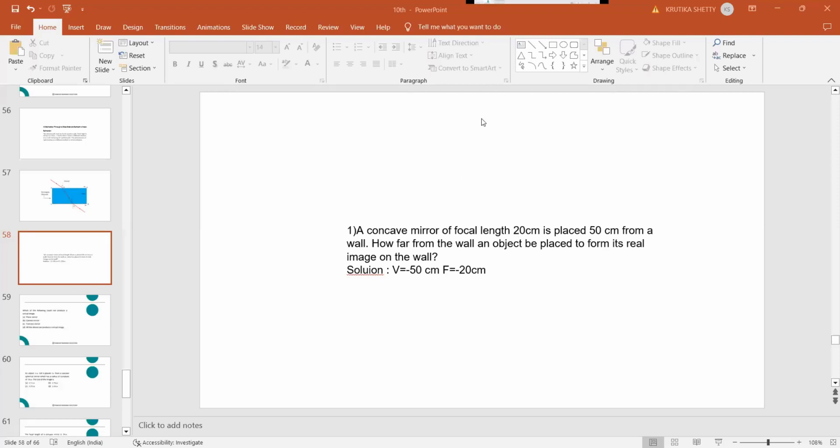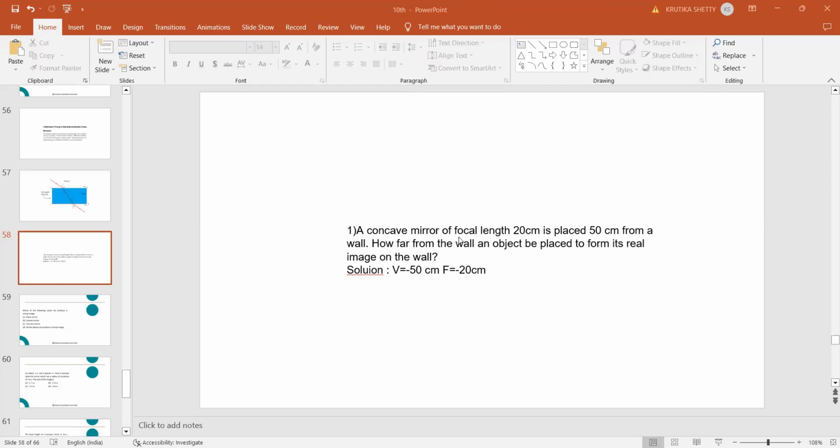The question is: a concave mirror of focal length 20 centimeter is placed 50 centimeter from a wall. How far from the wall should an object be placed to form its real image on the wall?